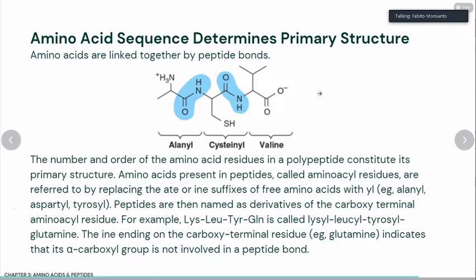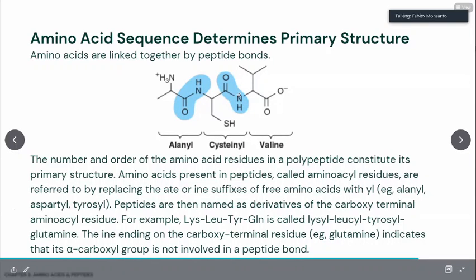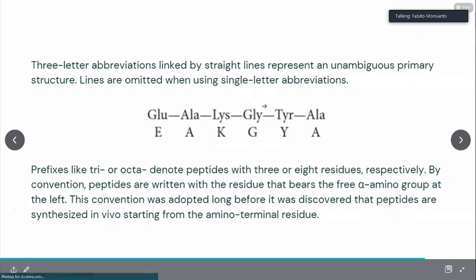Now, each of these amino acids that are already stringed together by your peptide linkages are called residues. So this is the residue of alanine, this is the residue of cysteine, this is the residue of valine.